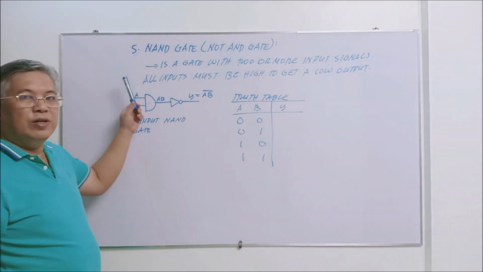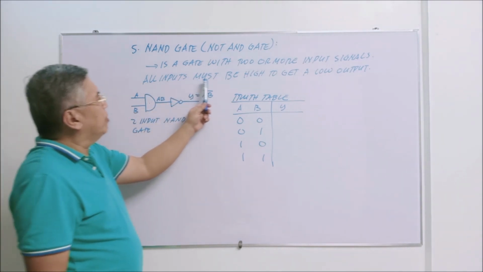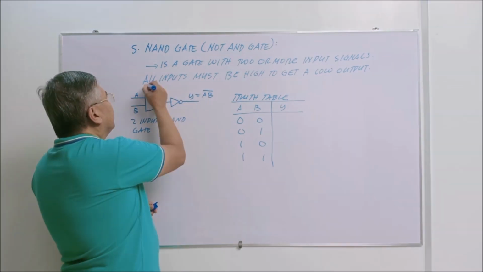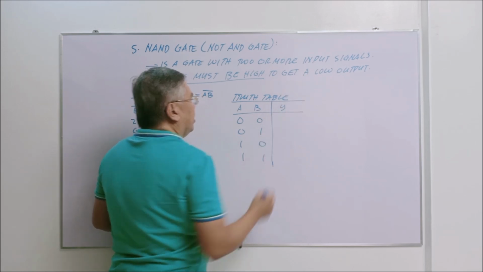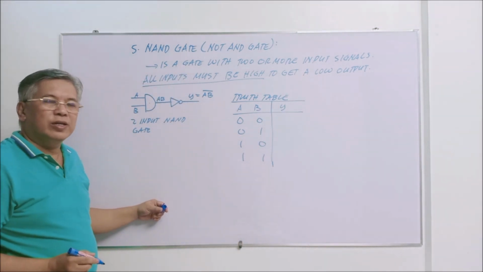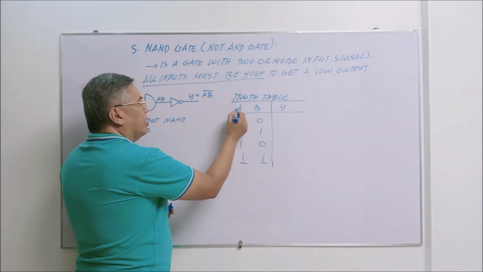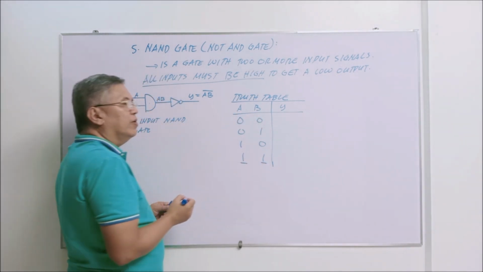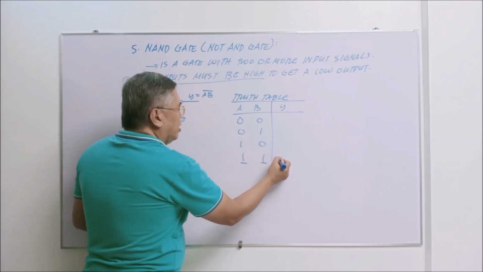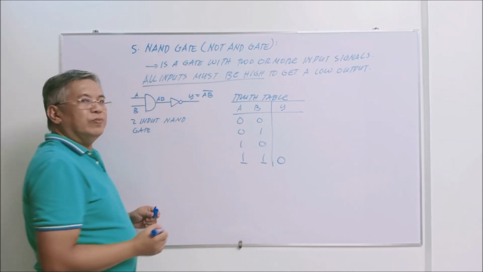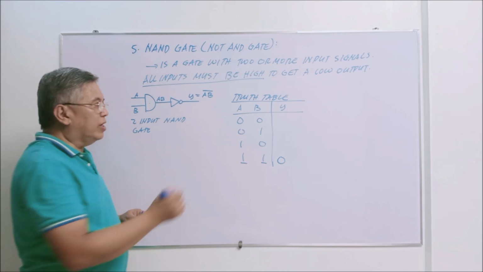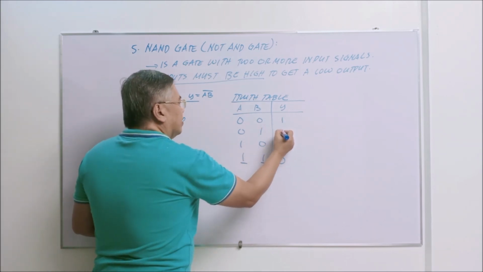According to our definition, all inputs must be high to get a low output. That is in this particular condition: A and B are both 1, or high, to get a low output, 0. The rest will be 1.